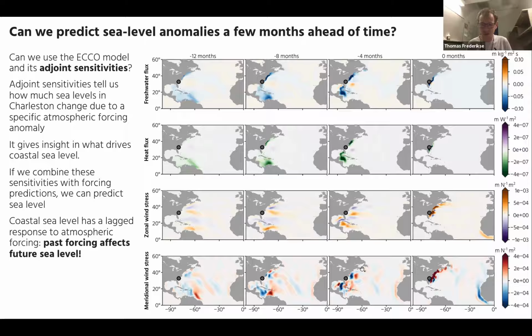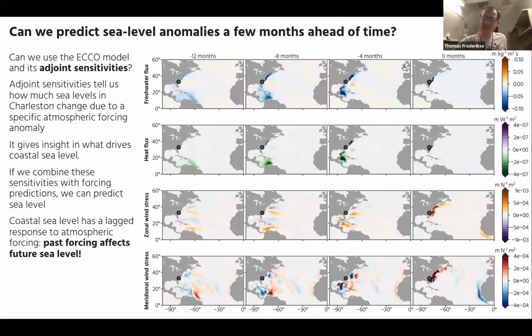For the wind stress, the diagonal lines are the tracks of Rossby waves: wind stress anomalies cause changes in the thermocline, and these changes propagate as Rossby waves slowly towards the coast. At very short time scales, local winds dominate sea level.